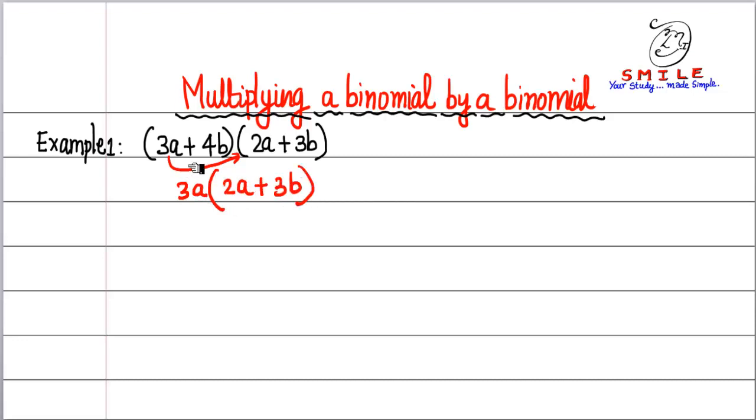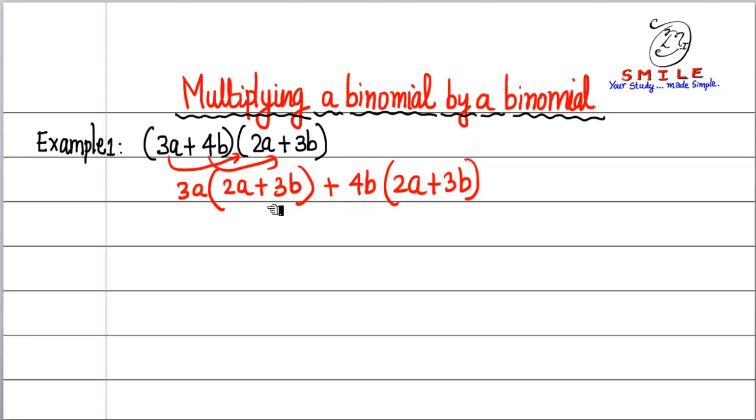So we multiply the first term by this whole, and then we put the plus sign and multiply the second term, that is 4b, again with this whole, that is 2a plus 3b. You got it. We multiplied binomial into binomial, and we converted it into monomial into binomial, which we have already learned, which we can very easily do.